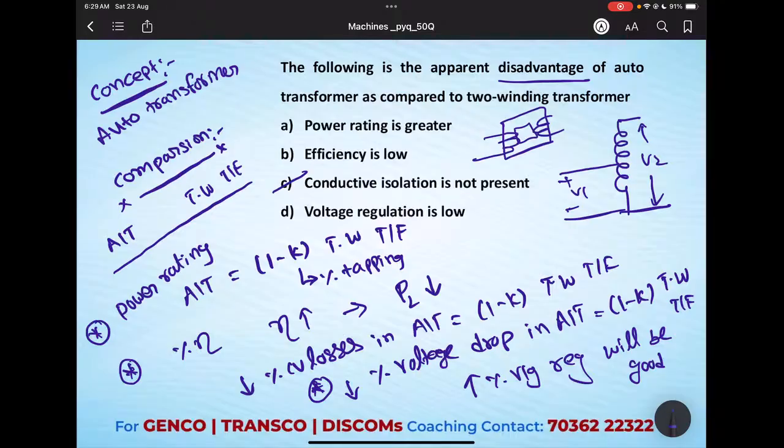So what my sincere suggestion is, especially if you are attempting any question related to auto transformer, you need to remember some standard 4 to 5 points. That means power rating, saving of copper and copper losses, voltage drop, like that. 5 to 6 standard points are there. We need to remember. Most of the theory questions will come from this only.